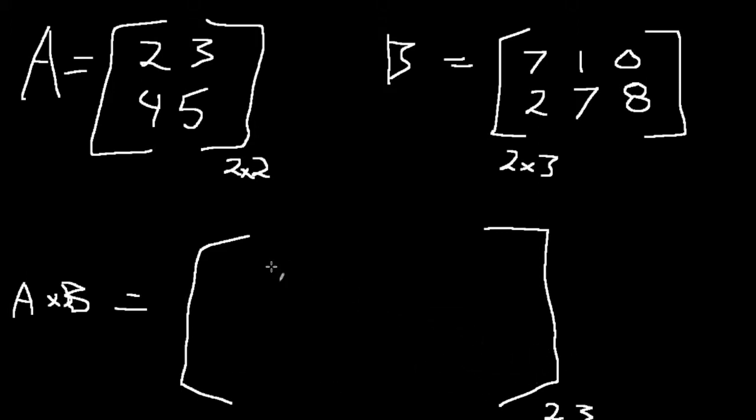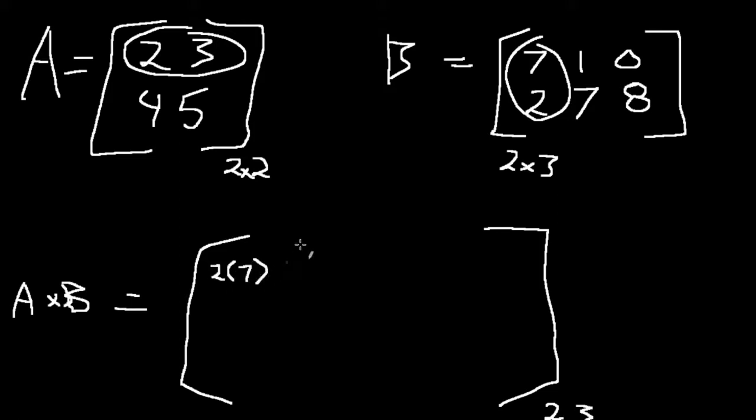So to get this first area, we're going to multiply this first row by this first column, and you start with the first one. So first element here times first element, 2 times 7, and then you add it to the rest and you basically continue on.